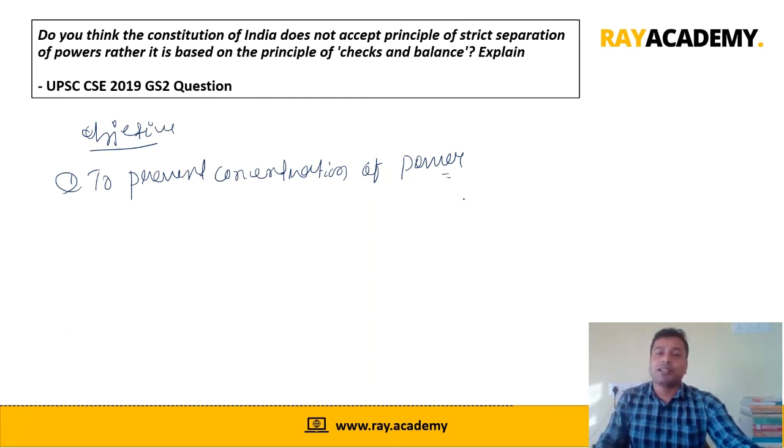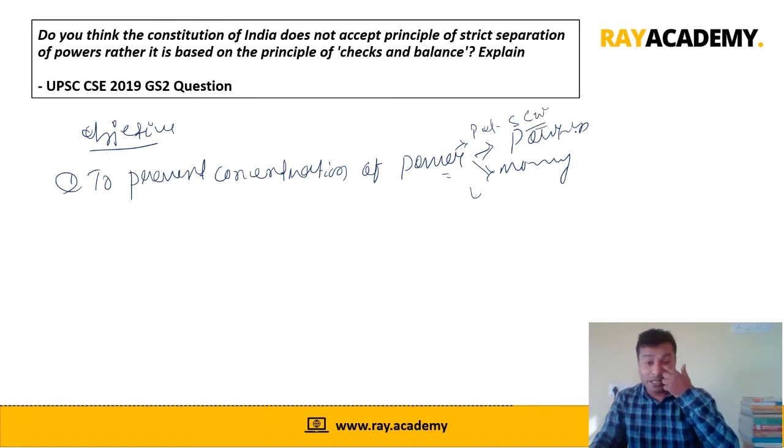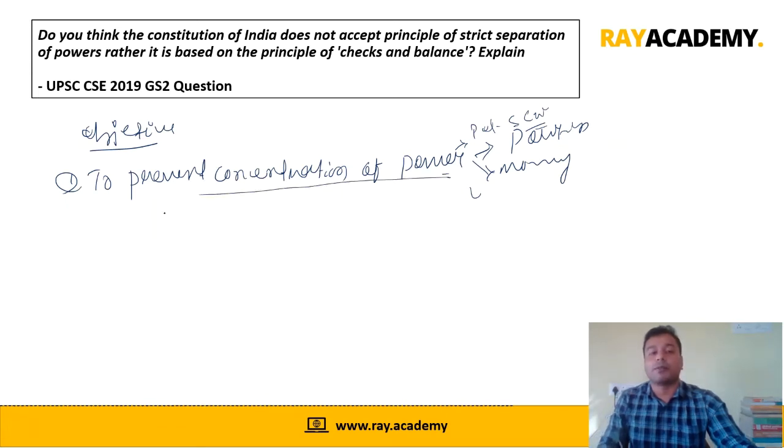Power can be in terms of, let's say, position, or maybe money. There are different meanings of power. That is a concept of the political science optional, which I am not going to discuss here. So to prevent the concentration of power, this is one of the objectives.